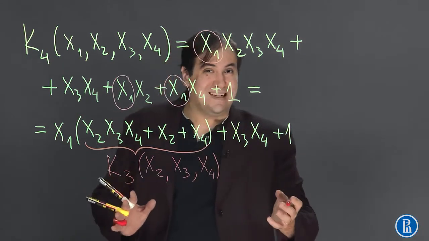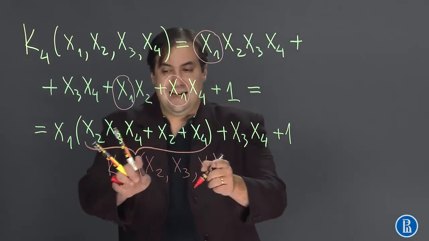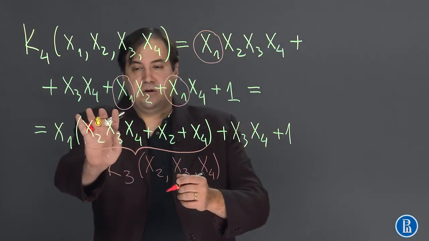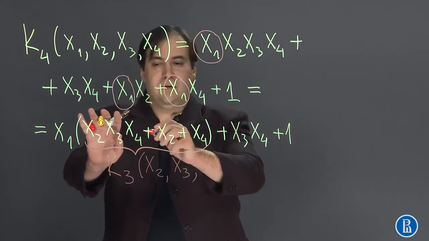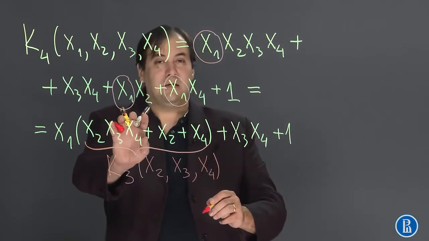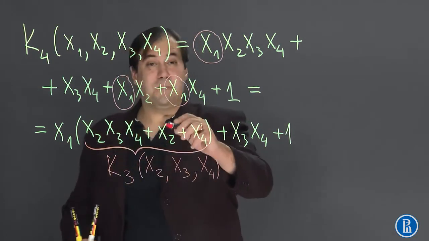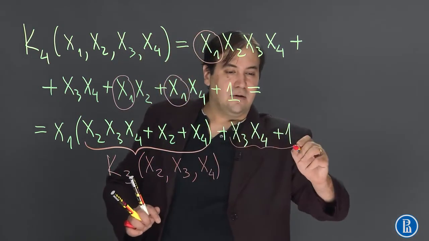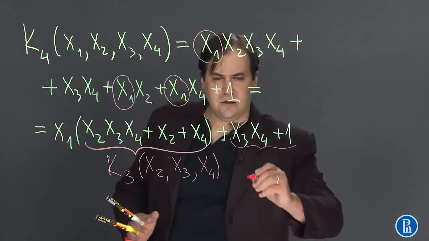Well, indeed, if we take the product of these x's, well, here it is, and we can throw out the first pair, so x4 will remain, and we can throw out the second pair, so x2 will remain. And that's it.